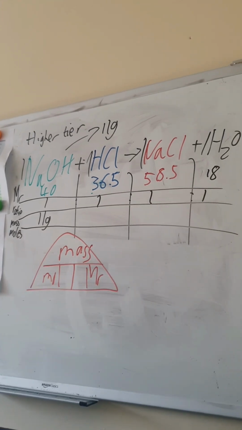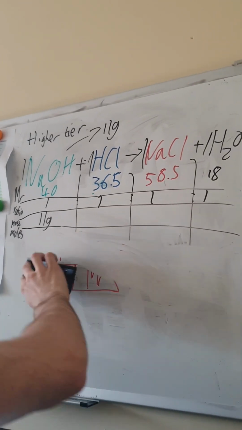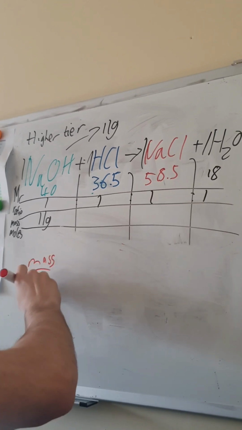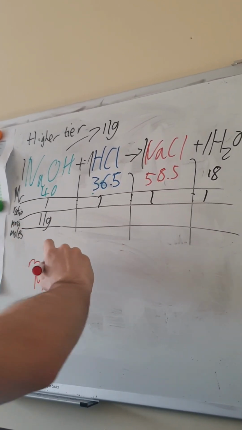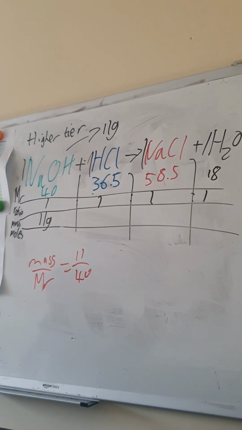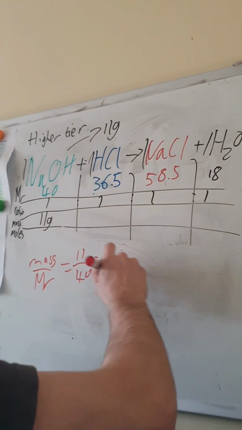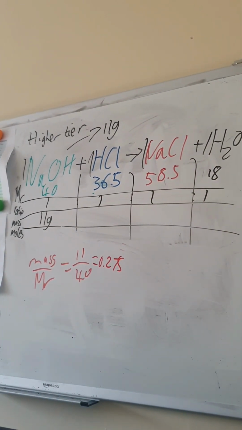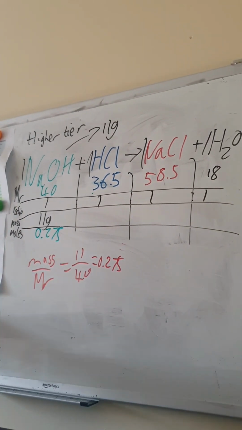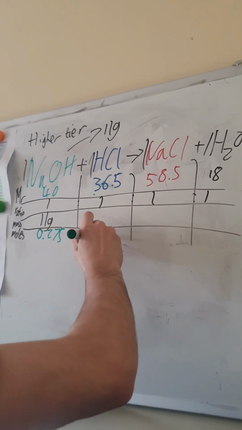That means we do mass divided by MR. So mass over MR is equal to 11 over 40. And I want that in a decimal because I'm a scientist and I'm not a mathematician. 0.275. So we have 0.275 moles. And because the ratio is 1, that means we're going to have 0.275 moles of everything.